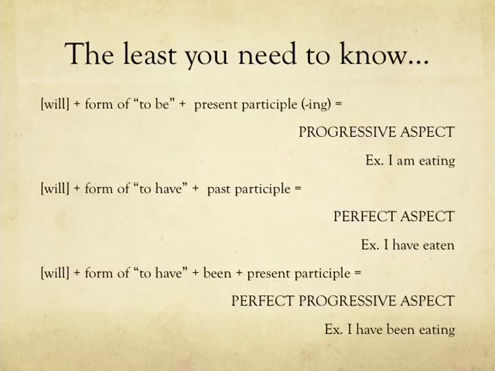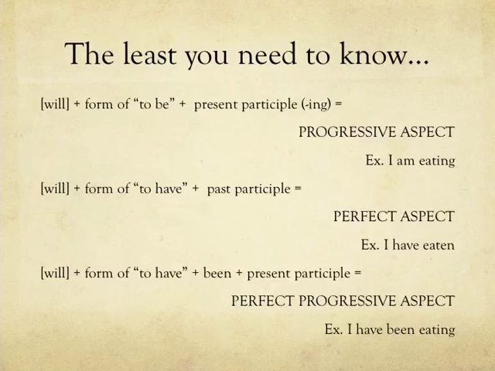In the perfect aspect, it's essentially the same thing. However, rather than the form of to be, we have the form of to have. Okay, so something like has, had, have, will have, that sort of thing. And this time, instead of the present participle, we use the past participle, okay? So I have eaten, I had walked, we had gone, that sort of thing.